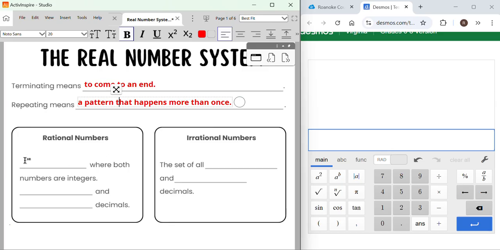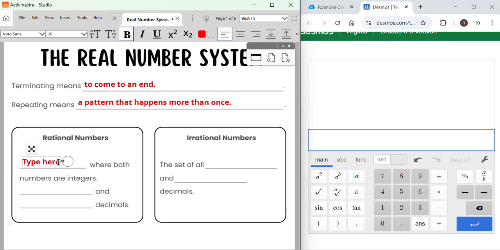All right. So we're going to talk about the real number system, and it has two main categories. Real numbers are at the top, then you have two main categories of real numbers. The first is rational numbers.